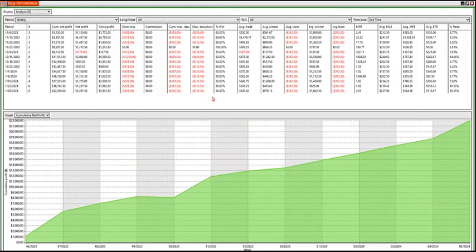So if I look at the consistency of the setup over a 90-day period, this is one contract on the S&P. One contract. This is not 2 or 3 or 4 or 5, 6 contracts. This is one contract. What I want you to notice is that these are all the trades that happened during the week.